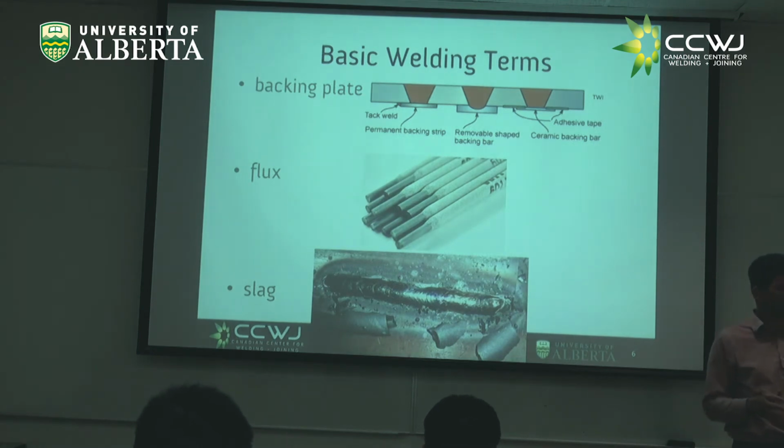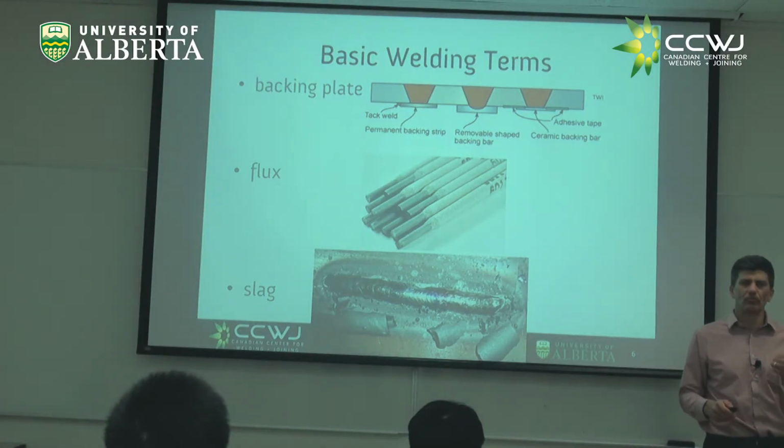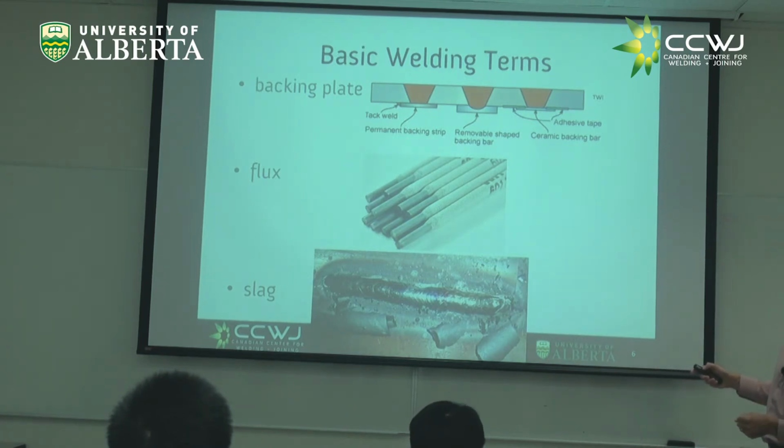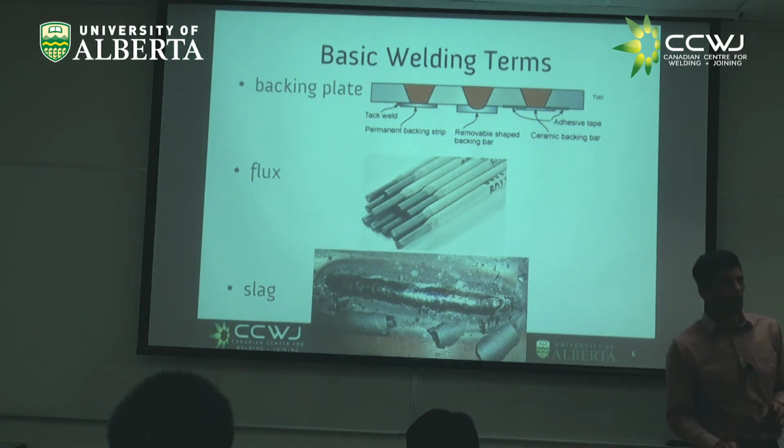When we discuss the arc and all issues related to plasmas, you're going to see that these fluxes have a chemical composition that gives you special properties. We are going to have a little section on fluxes themselves. Now, these fluxes, they melt and they cover the weld.